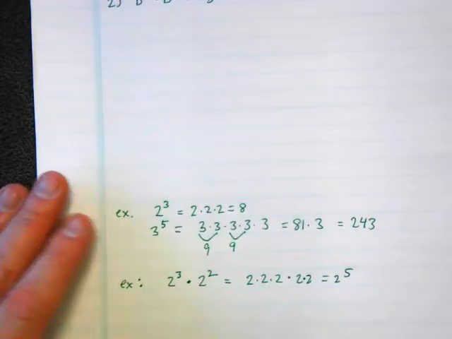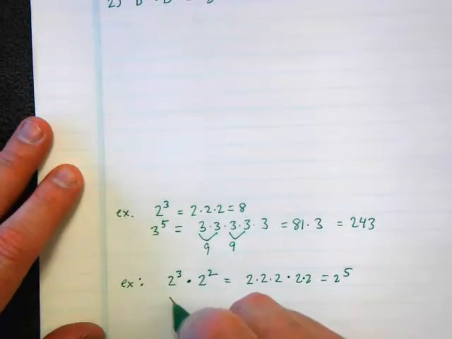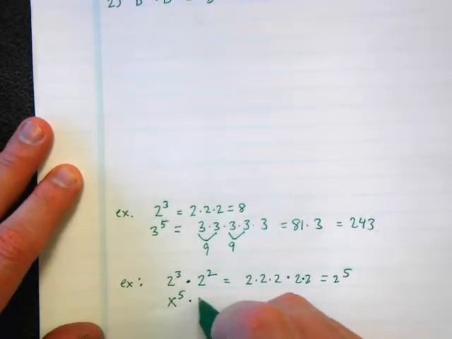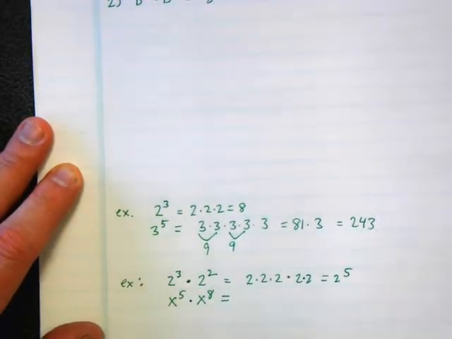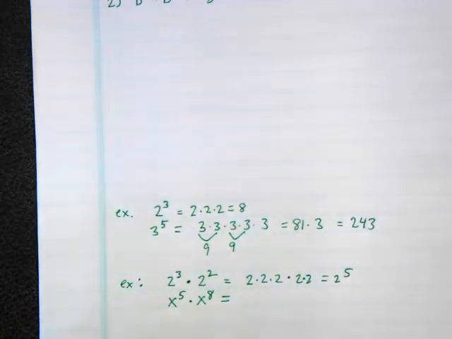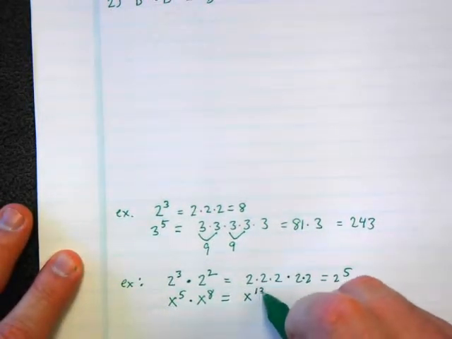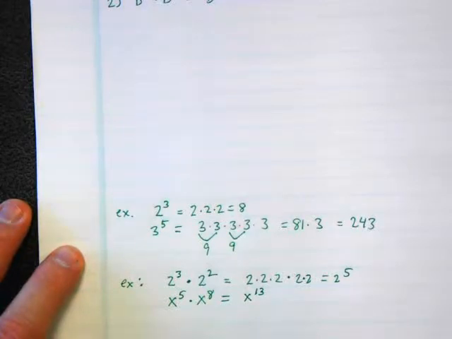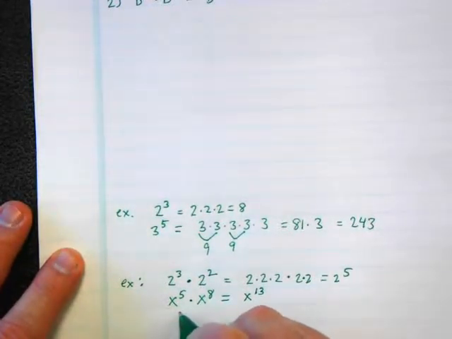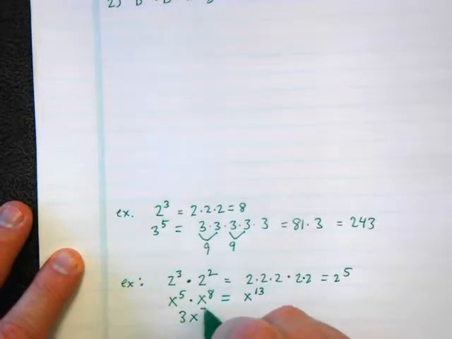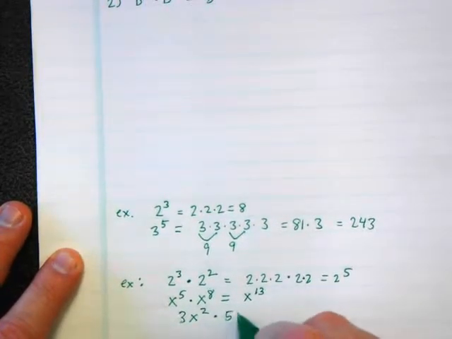All right, so again, for examples, you're going to see things like x to the 5th times x to the 8th. You would tell me that x to the 5th times x to the 8th is x to the 13. You simply add your exponents together. X to the 13. How about if I gave you 3x squared times 5x to the 4th?